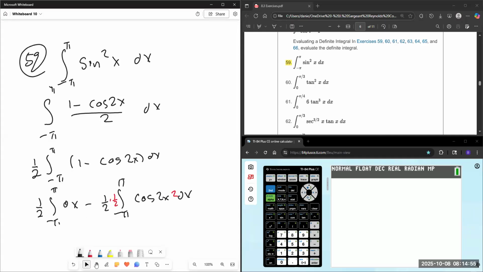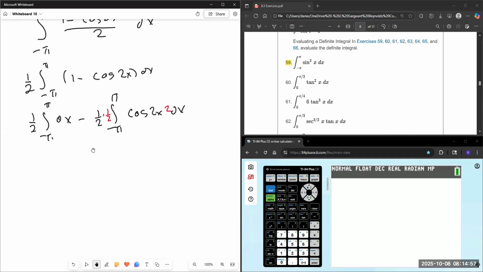And this is going to be 1/2 of x from negative pi to pi, minus 1/4 of sine of 2x from negative pi to pi.